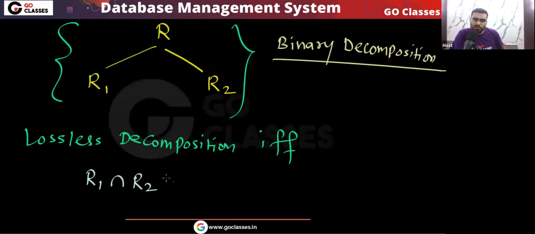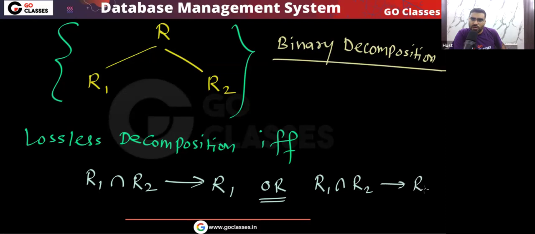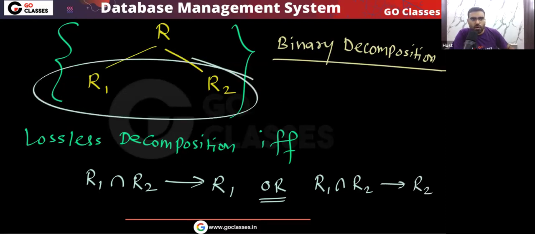This common set of attributes must determine R1 or must determine R2. It must be a super key in R1 or R2.